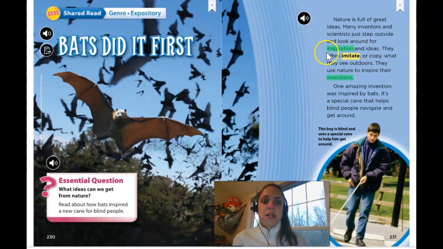So I have to look inside of this word to find the simpler word that's related to inspiration. I do see the word in, but the word in and inspiration aren't related. They don't mean something similar. So that can't be my root word.